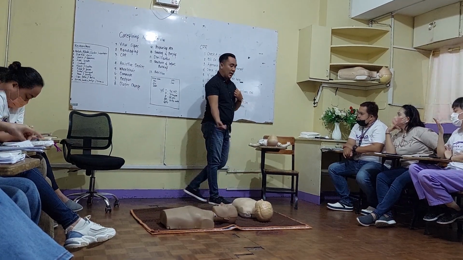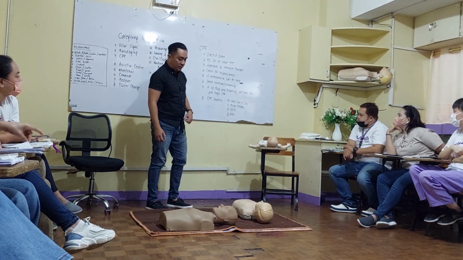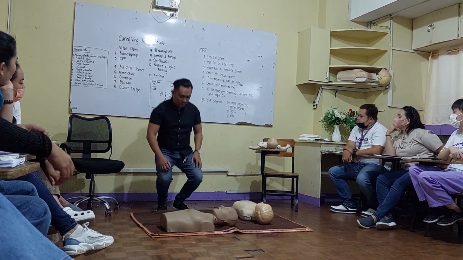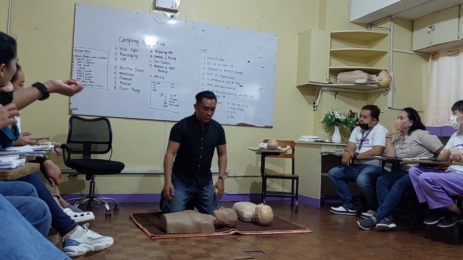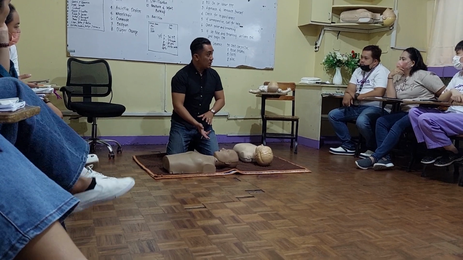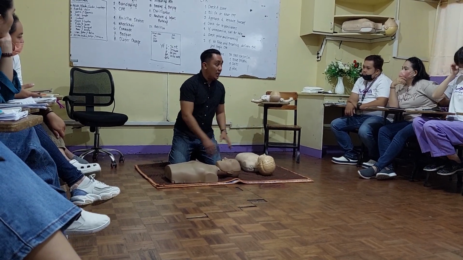Get it? After 30 chest compressions, perform 2 rescue breaths. So what do we do with rescue breathing? Before we do rescue breathing, we have to perform the head tilt chin lift maneuver for adult and child.